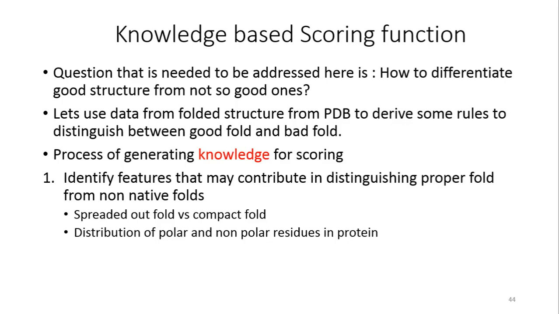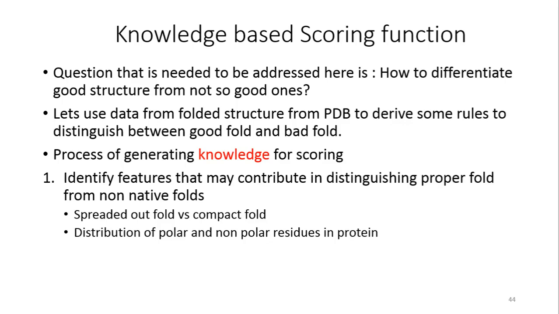So what we are doing is generating a bunch of configurations and looking at them and asking questions like, which of these structures really look like a protein. That is, we need to identify certain features that may contribute in distinguishing a proper fold from a non-native fold.